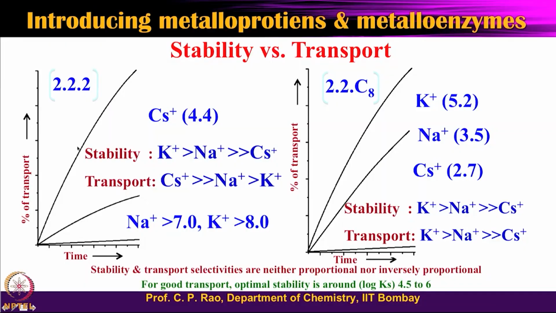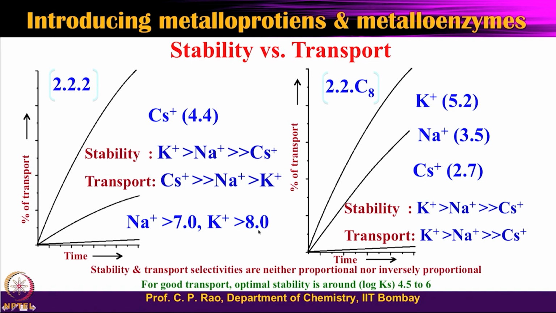Let us look at one highlight example here. One of these curves shows the sodium transport by a particular molecule called 222 cryptand. That is 2 oxygens in one linker, another 2 oxygens in the second linker, and 2 oxygens in the third linker besides the nitrogens, and this is called 222. In case of 222, sodium has a very high binding, log K greater than 7.